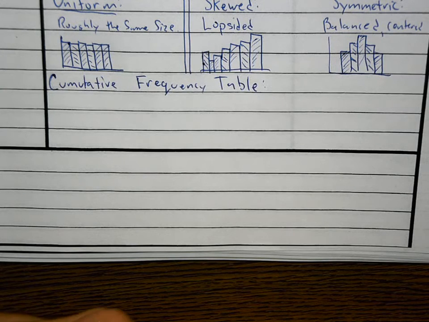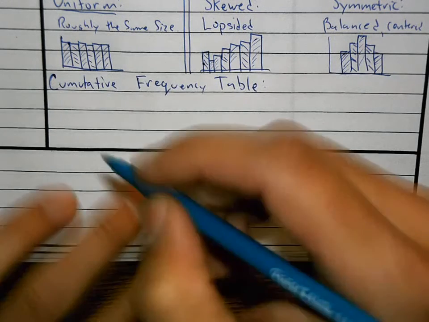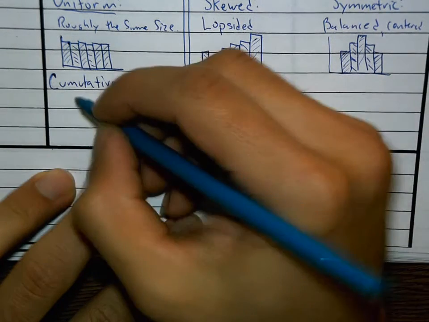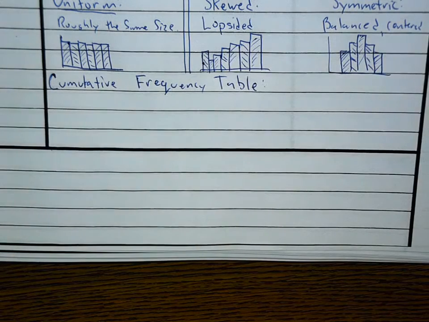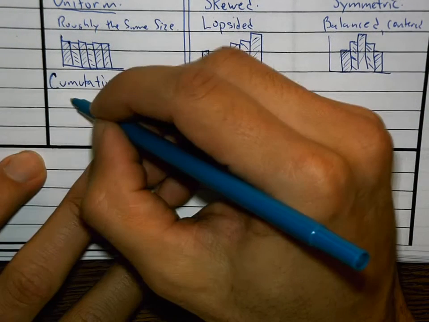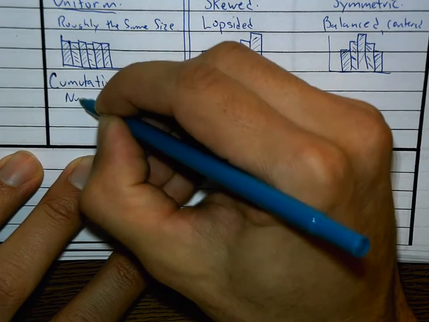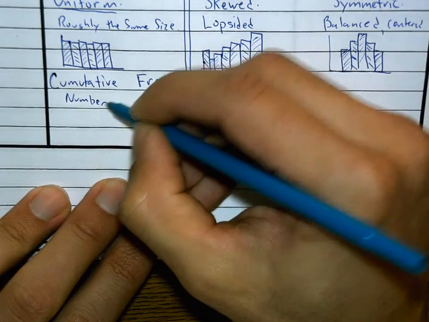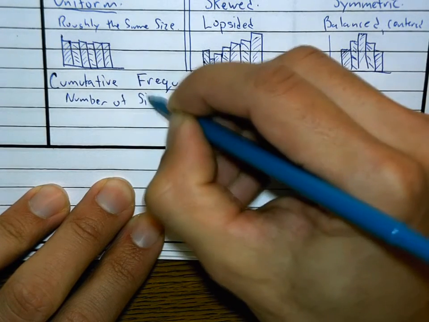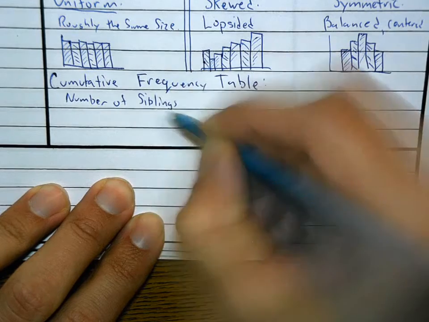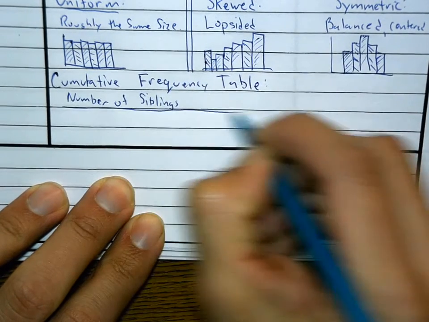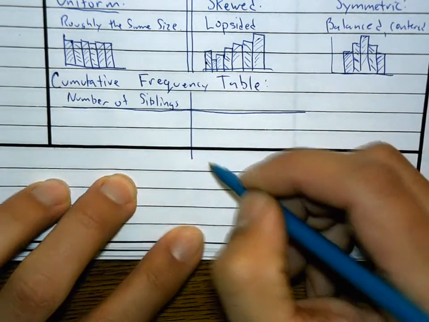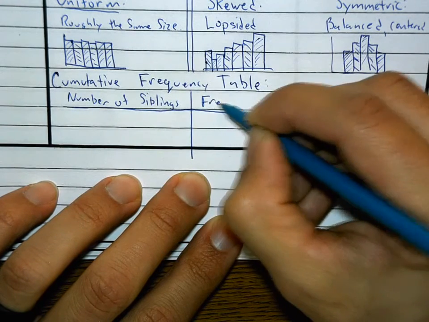All right. A cumulative frequency table is where we add everything together. So let's do an example of a cumulative frequency table. I'm running out of room, but this should still fit. Number of siblings will be our first column. Frequency.